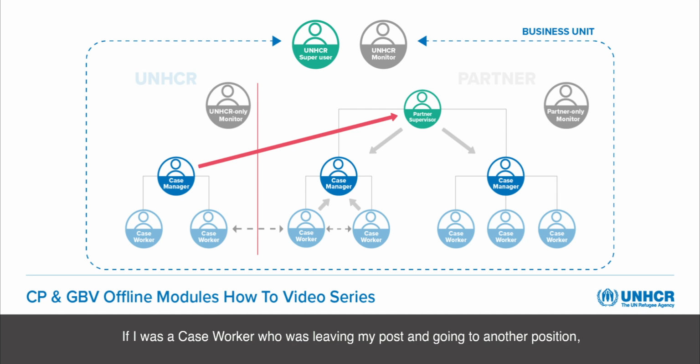If I was a caseworker who was leaving my post and going to another position, I could then, with the consent of the survivor or the child, transfer that case to one of the other caseworkers or to my supervisor so that they could then continue on with that case management.